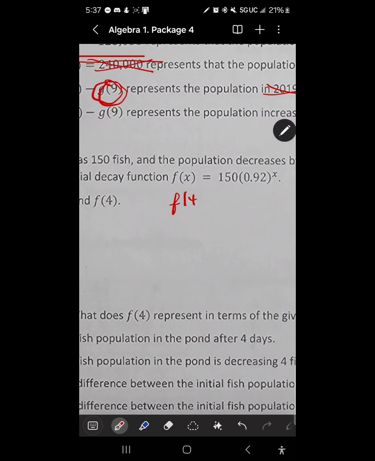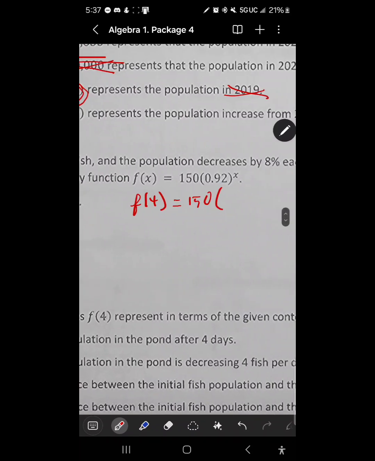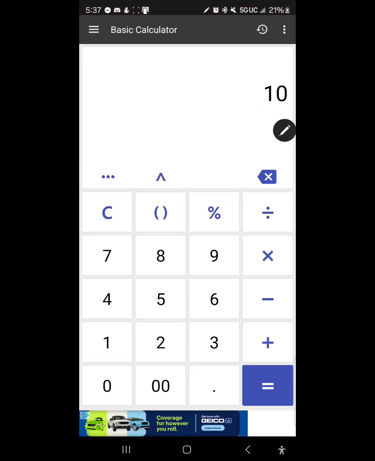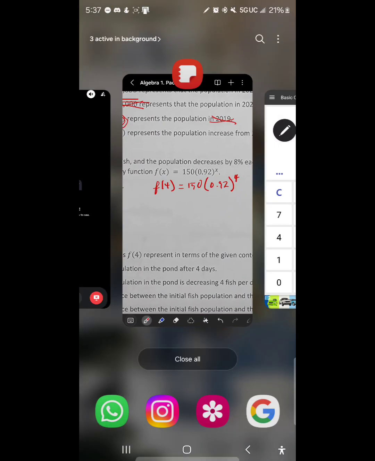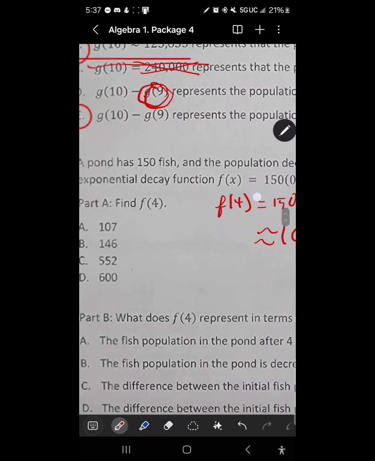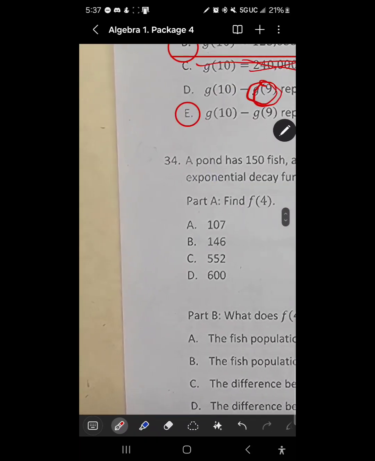So we just substitute x, so it will be 150 times 0.92 to the 4. Using the calculator, 150 times 0.92 to the 4 is approximately 108. Well, they have 107 here, so close enough.